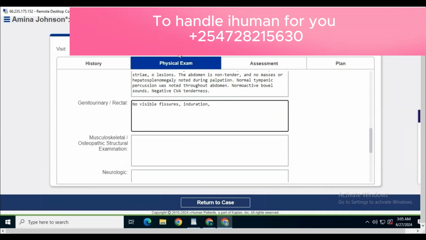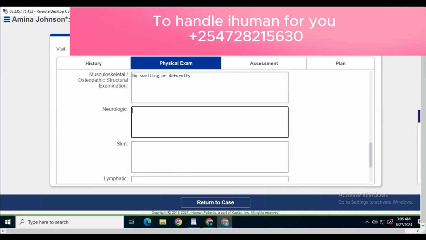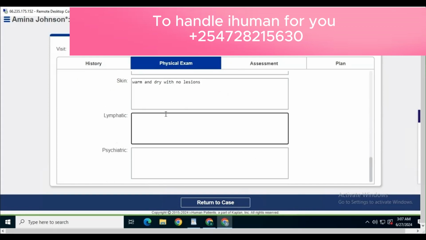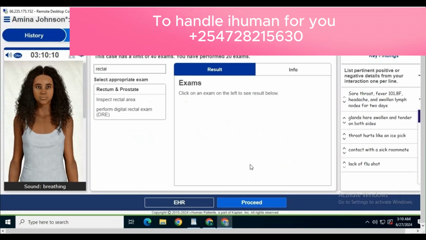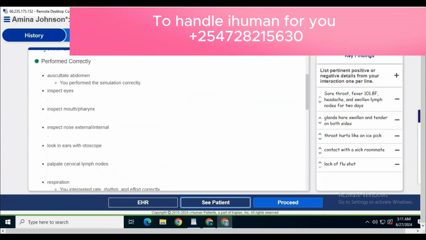Then once you're done filling in all the sections, you have to proceed to the next section, which is the feedback from the physical exam.